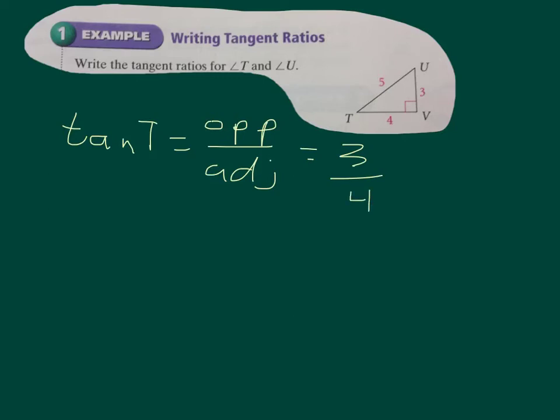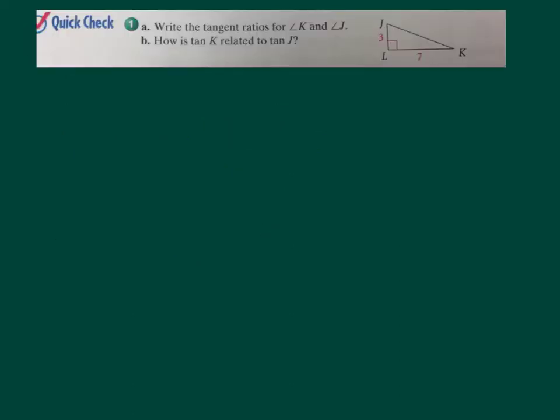So the tangent of T would be 3/4. Tangent of angle U, opposite over adjacent, would be 4/3.